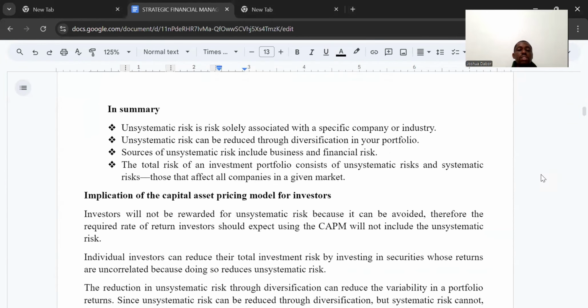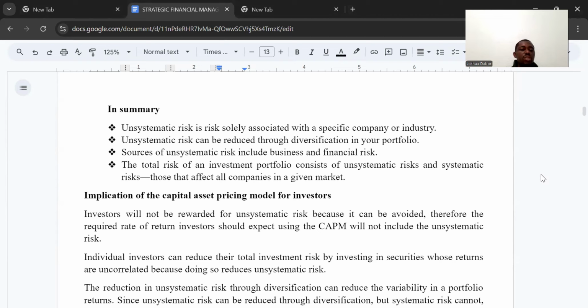In summary, unsystematic risk is solely associated with a specific company or industry. Unsystematic risk can be reduced through diversification. Sources of unsystematic risk include business and financial risk. The total risk of an investment or a portfolio consists of unsystematic risk and systematic risk, those that affect the whole market.